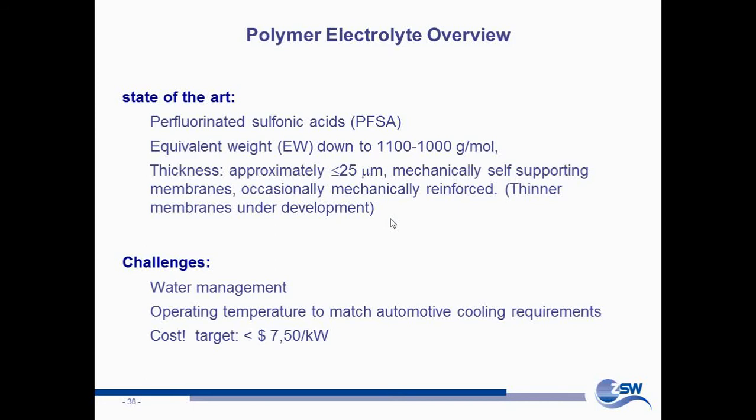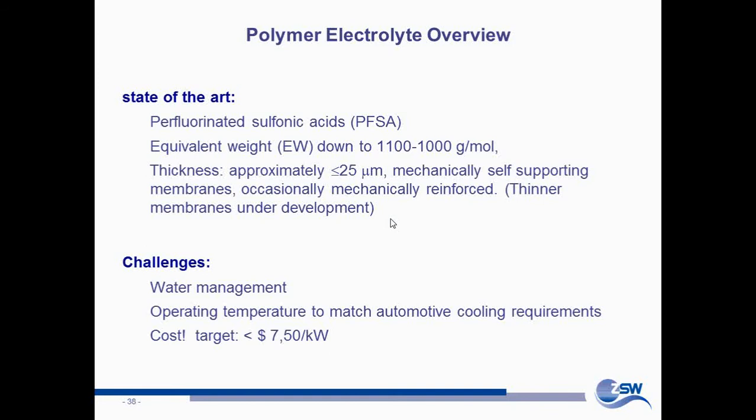And from that point of view, you're increasing the internal resistance at this low humidification. So in order to counteract that, you have to humidify the air, and we can't cover that in this course of lectures.